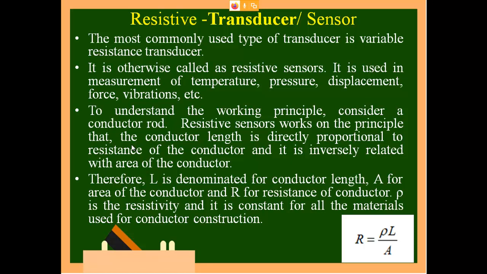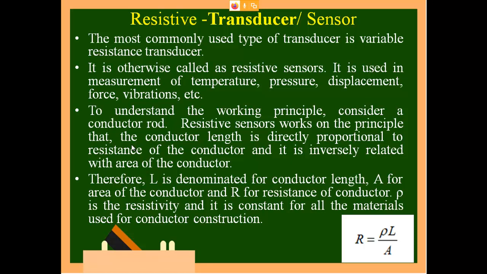If the resistance is changing, then the current will change. If the resistance is reduced, current will increase. If the resistance increases, then your current will come down. So you have made a sensor. That is what is called resistive. Otherwise called a resistive sensor, it is used to measure temperature, pressure, displacement, force, vibration, etc. To understand the working principle, consider a conductor rod.